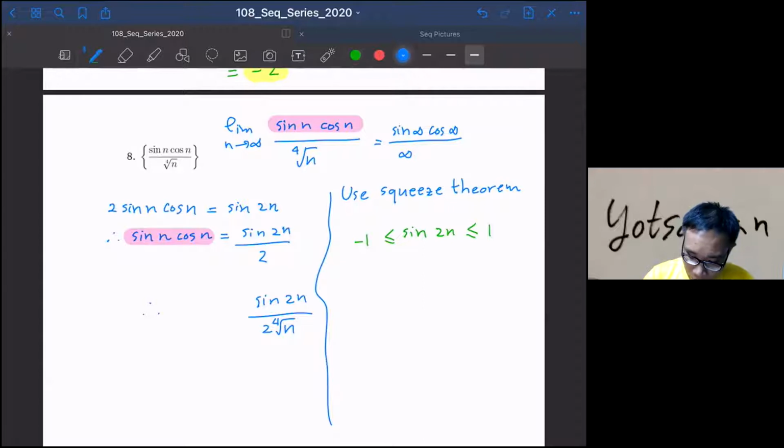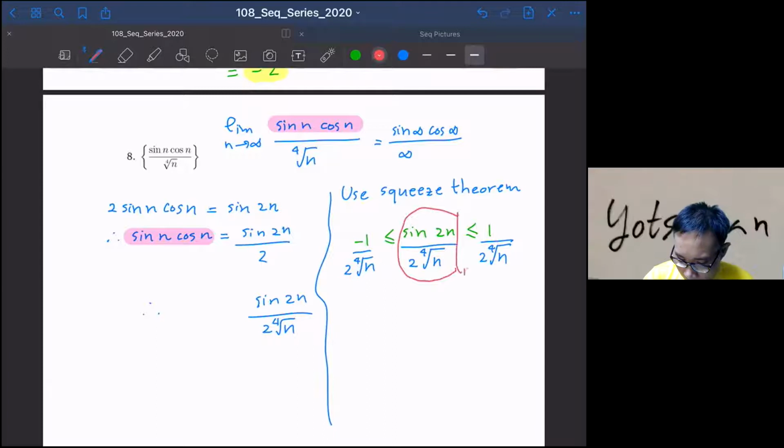So you're going to multiply the whole thing by 2 times the fourth root of n, to get the sequence that we'd like to find in the middle. Let me just write it down. So you have it lying between these two terms.